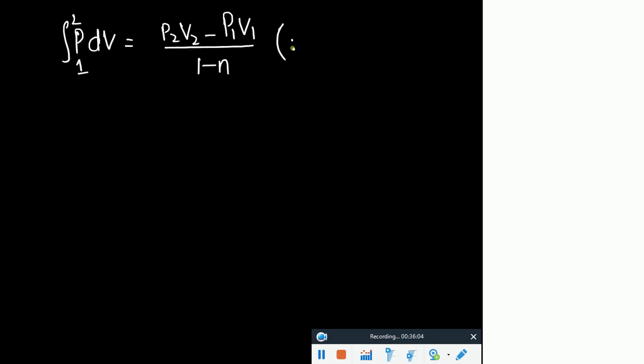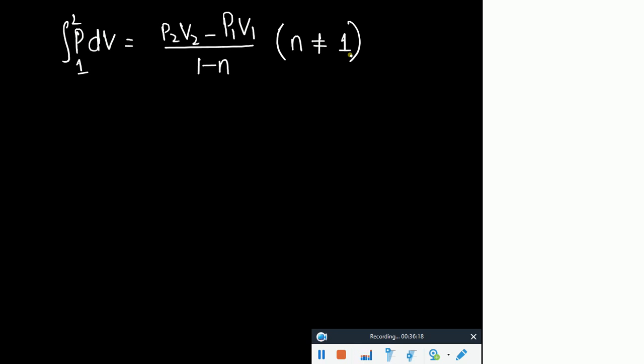Now if I want to find out work done during those processes from state 1 to 2, the solution is given in your example 2-1 in your book. You can see that.